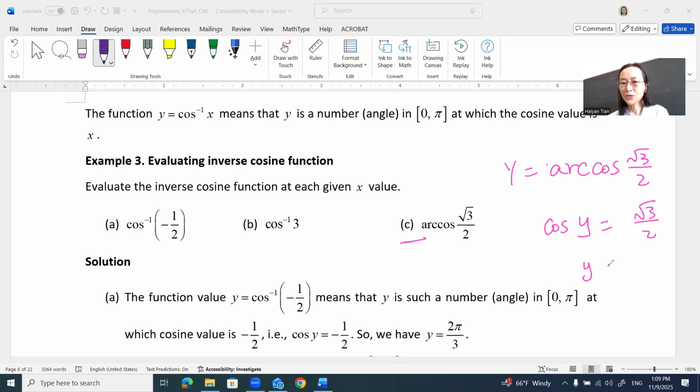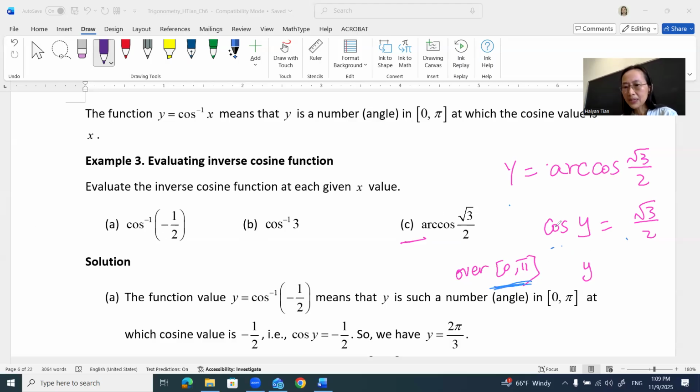Recall that y has to be from that interval, 0 to pi. So think of a y whose cosine is this value, but has to be from that interval.